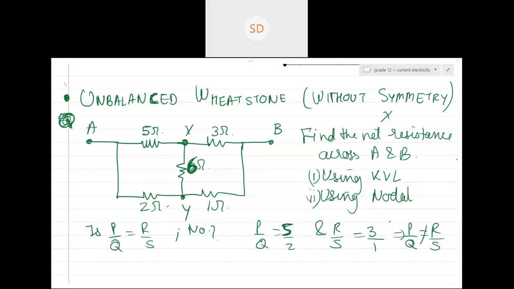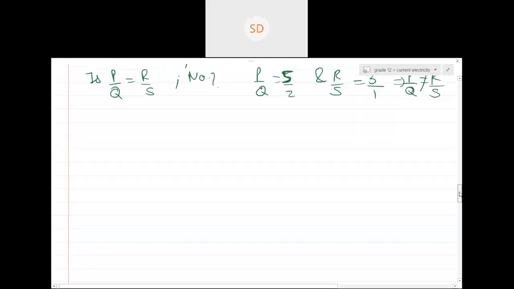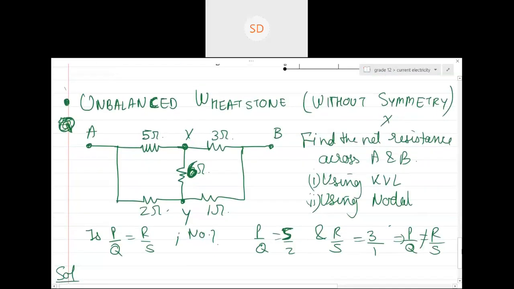So now what to do? First, let's start with using KVL. Let's copy the question.